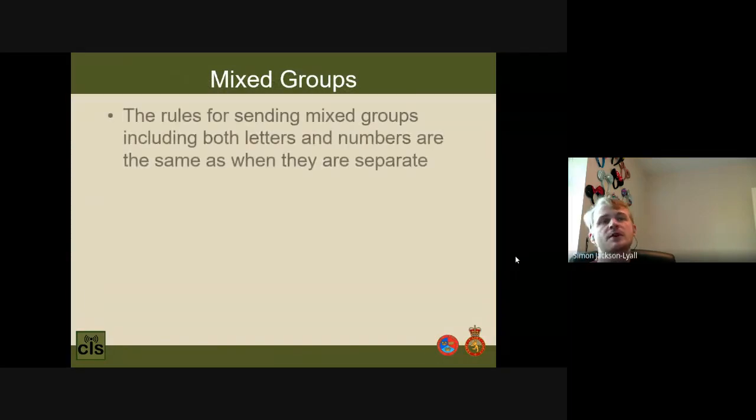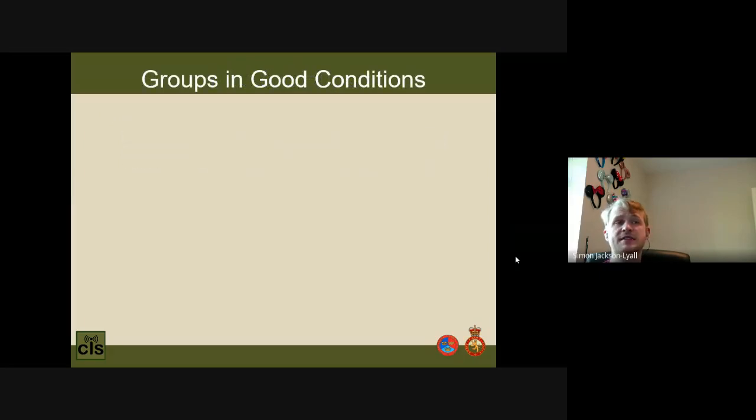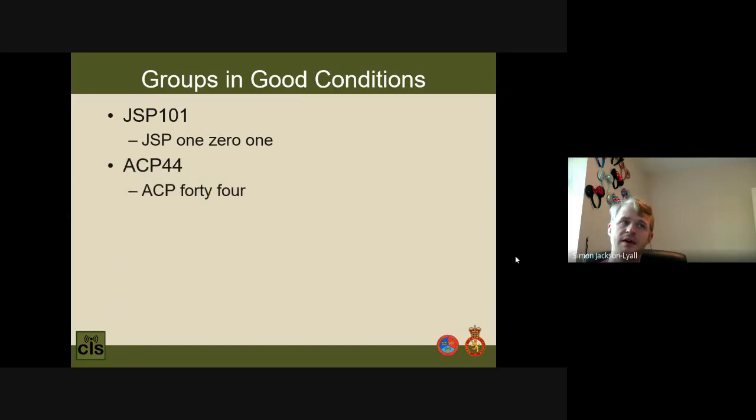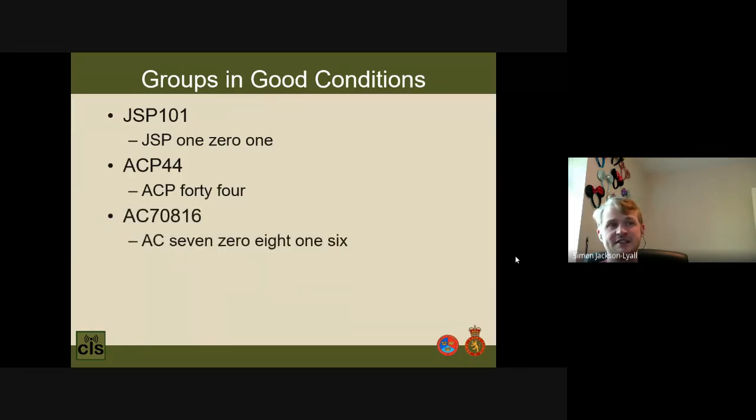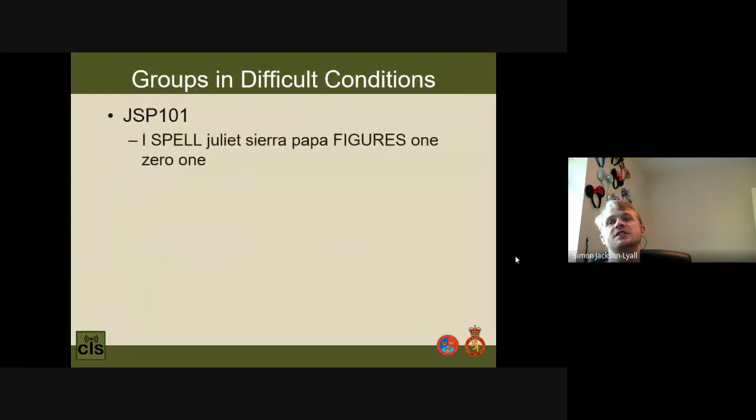So mixed groups. So what if we've got letters and numbers together? You treat them the same as if they were separate. So JSP 101, you would say JSP 101. ACP 44. AC 70816. But if it was in difficult conditions, then you split it up. So I spell Juliet, Sierra, Papa, figures 101.